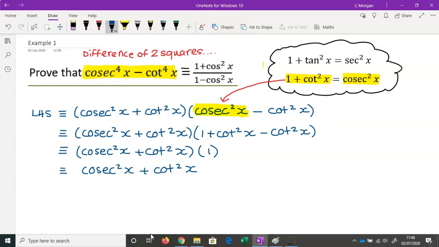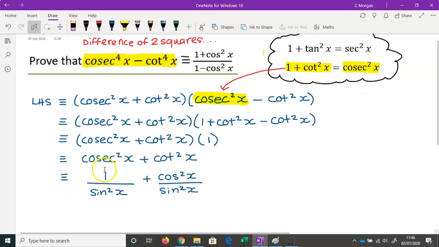But now I've got to this stage, I can think to myself, right, okay, cosec squared x is the same as 1 over sine squared x. And cot squared x is the same as cos squared x over sine squared x. Notice how my denominators of those two fractions are the same.